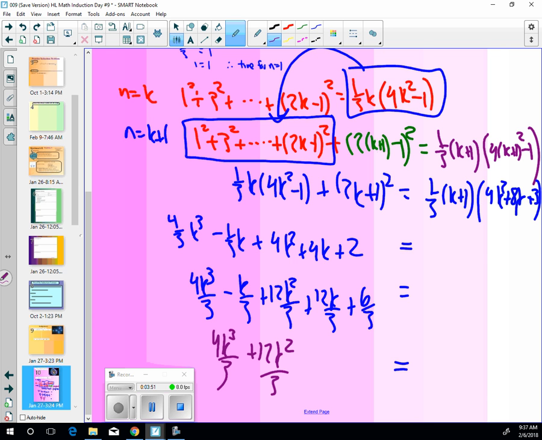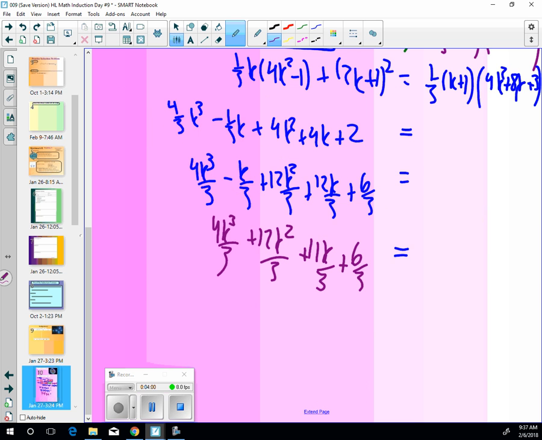And it'll be plus 11k over 3 plus 6 over 3. And I can factor out a 1 over 3. But, uh-oh, what did we do here? Oh, we have to factor this out. So this is going to be 1/3 times 4k cubed plus 12k squared plus 11k plus 6.